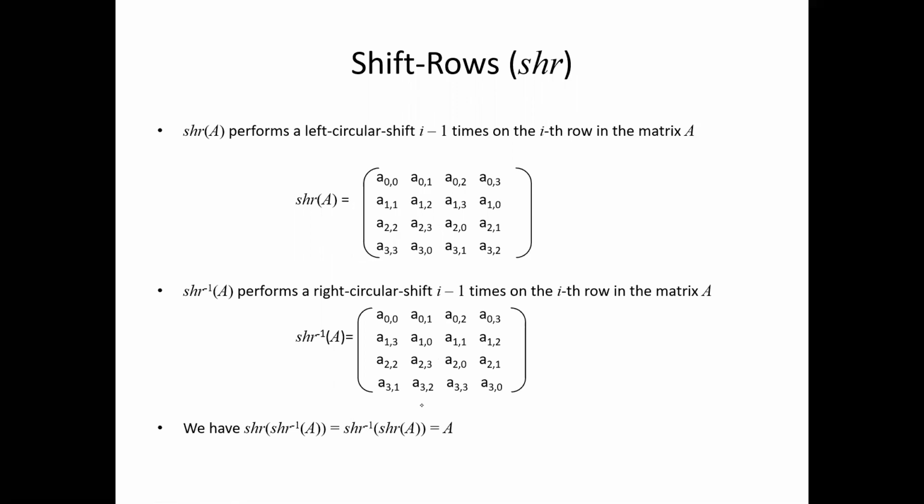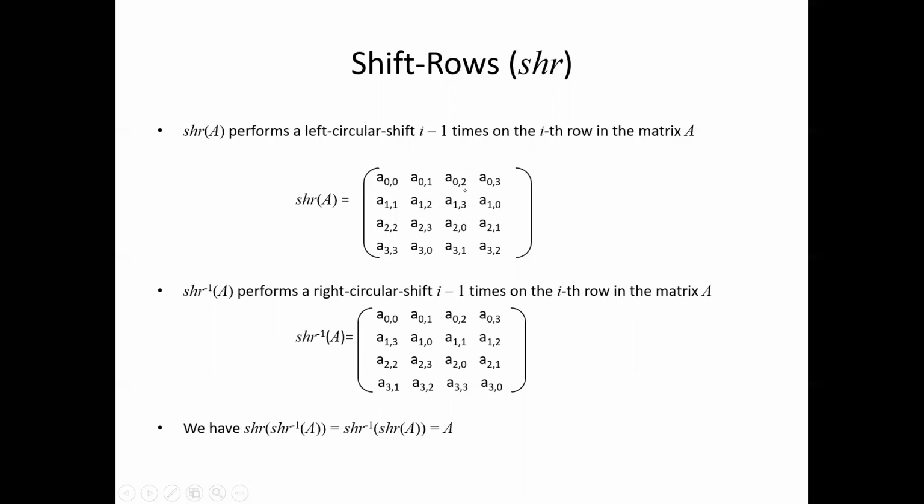Shift rows is pretty straightforward. You shift each row to the left, starting from row 0, which is shifted 0 times. If you think of this as the first row, you shift it 0 times.